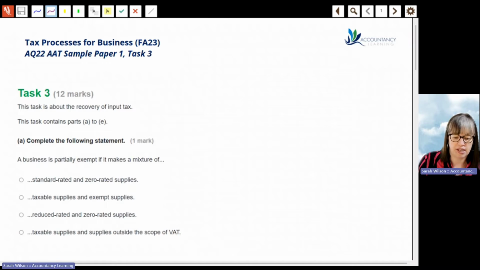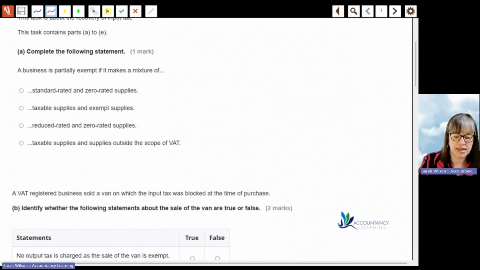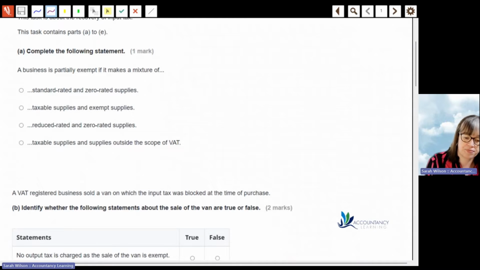Task 3 is all about the recovery of input VAT. So our first statement here that we have to complete is: a business is partially exempt if it makes a mixture of, and then we're given 4 options. To be partially exempt, it's got to have some form of taxable supplies, and it's also got to have some form of exempt supplies as well.